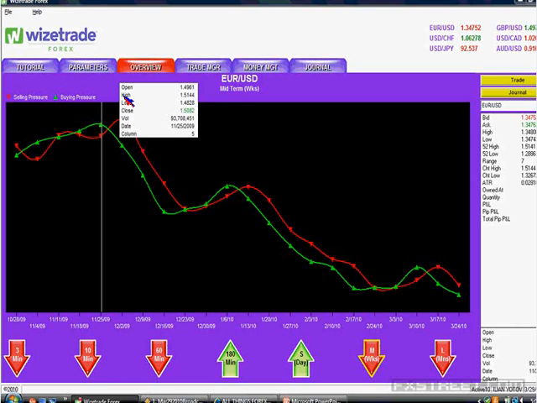So if we call this correction number 1 following bearish trend wave number 1, this is going to be bearish trend wave number 2. This would be correction after the bearish trend wave 2, correction number 2. And then we have bearish trend wave number 3 here in the last couple of weeks that has started once again for the euro against the US dollar.